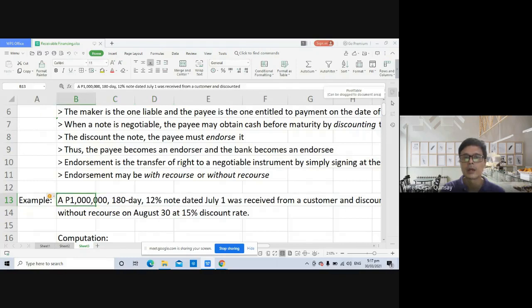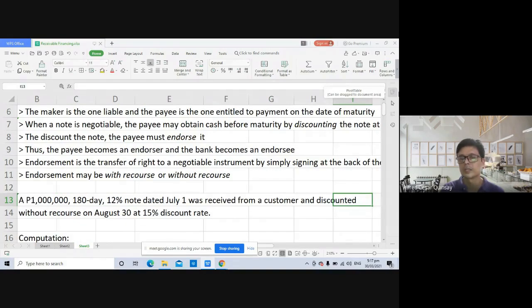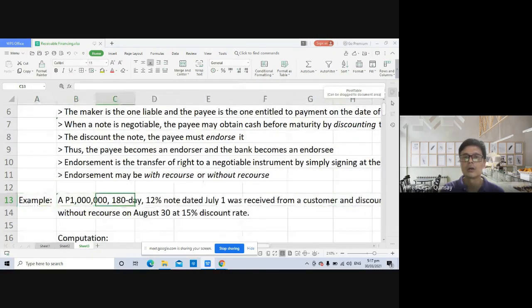Okay, doon sa maker, no? O doon sa customer niya. Tapos since gusto niya makuha yung pera ng mas maaga, i-discount niya. Okay, without recourse sa bangko on August 30 at 15% rate. So, wag sana tayo mako-confuse dun sa 12% na. Yung 12% na yun yung interest doon sa notes receivable on a 180 day 12% notes. Yun naman 15%, ito yung discount rate sa bangko. Okay?